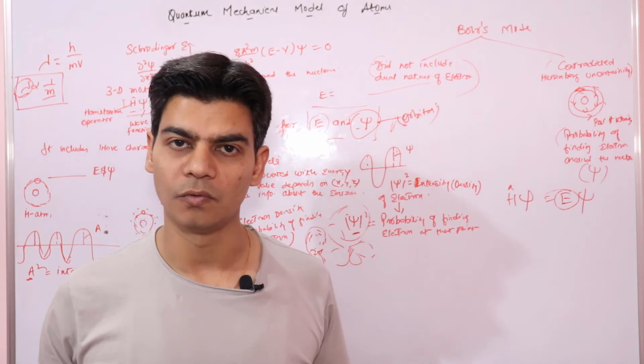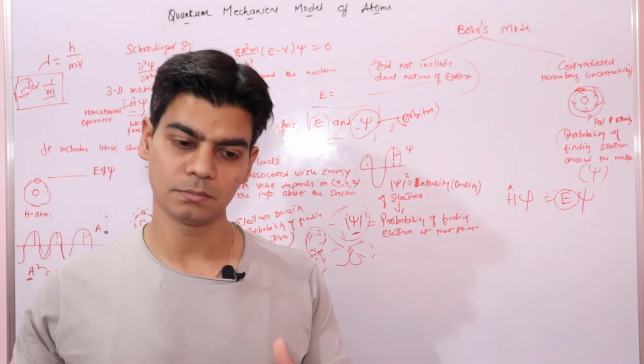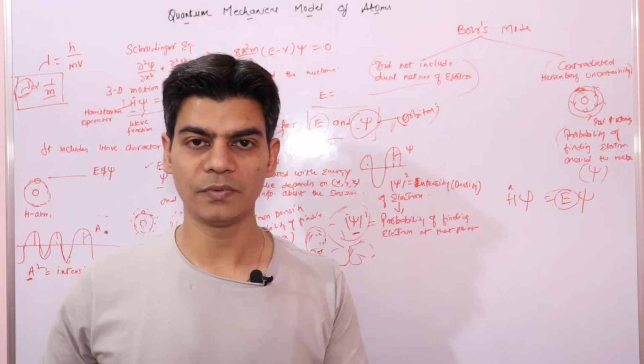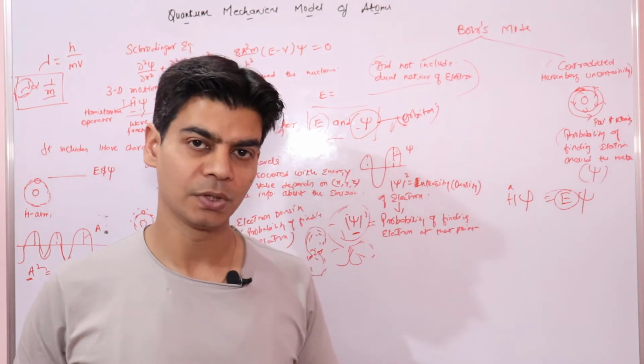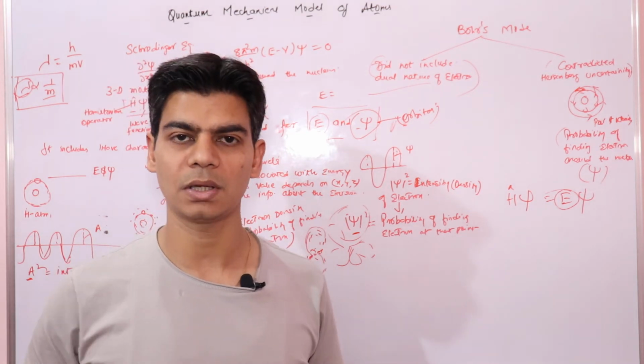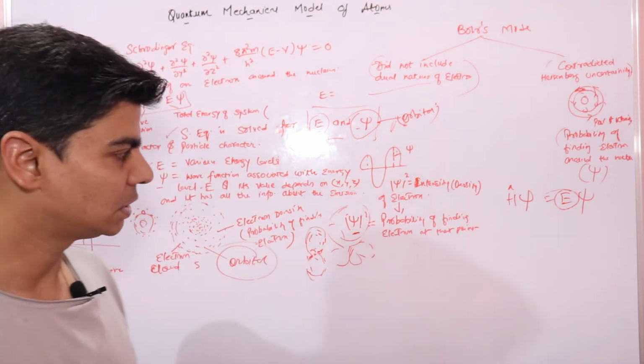So what you do is you don't use the Schrodinger wave equation, you use approximation methods for multi-electron atoms. This is not in your syllabus, it is in higher classes, so we are not going much deep into that.